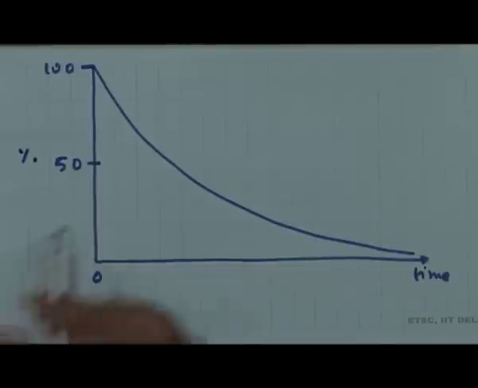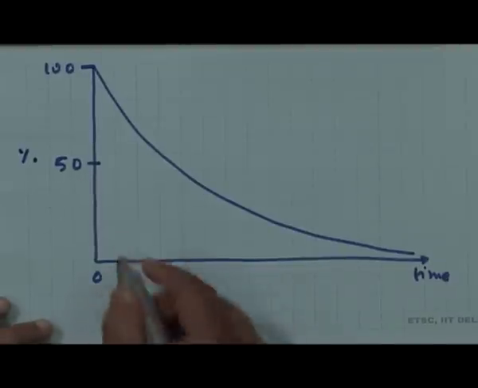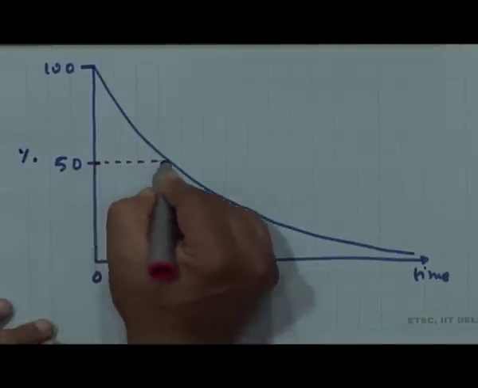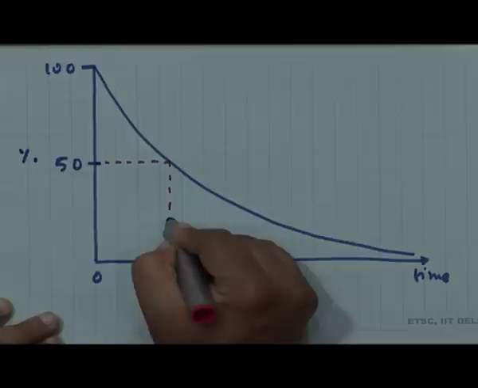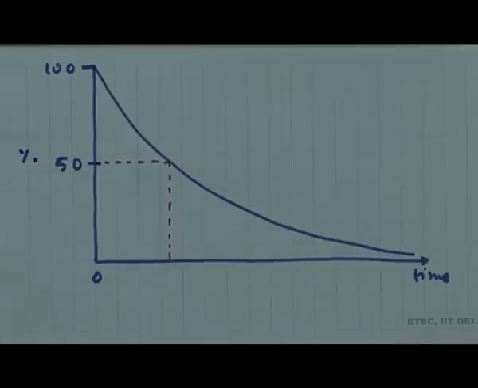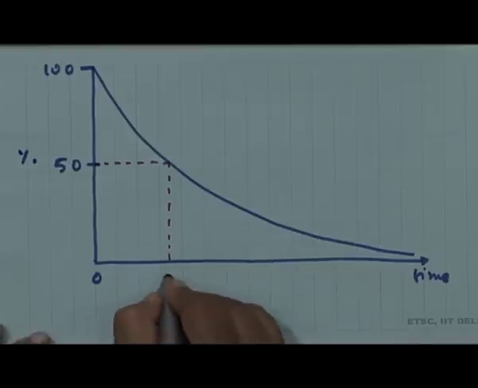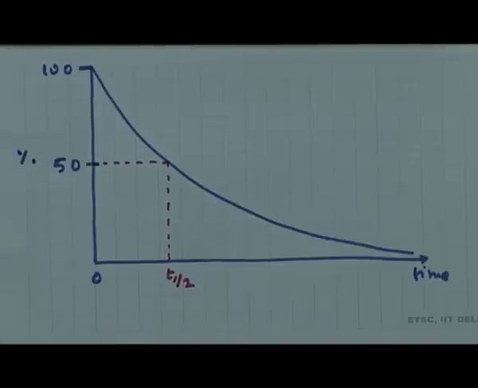When I say 50%, it is not exactly drawn to scale. Then what is this? This is my T half, right.